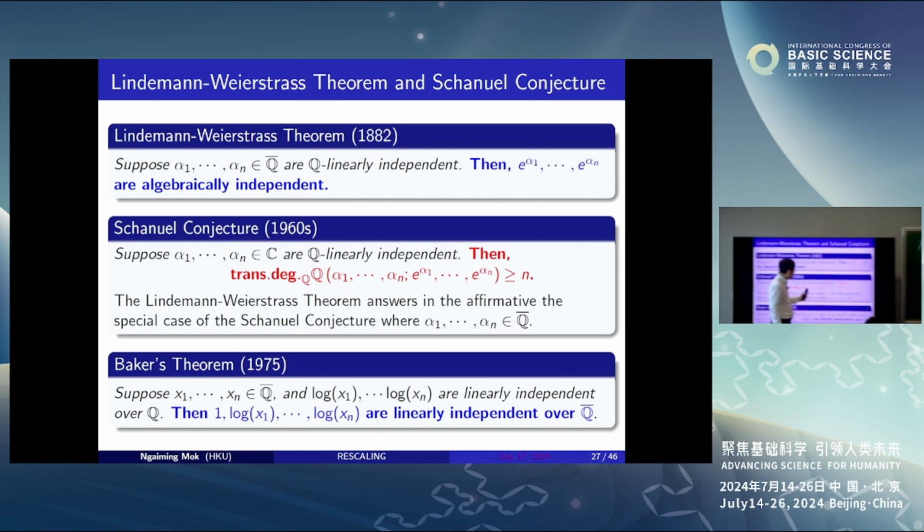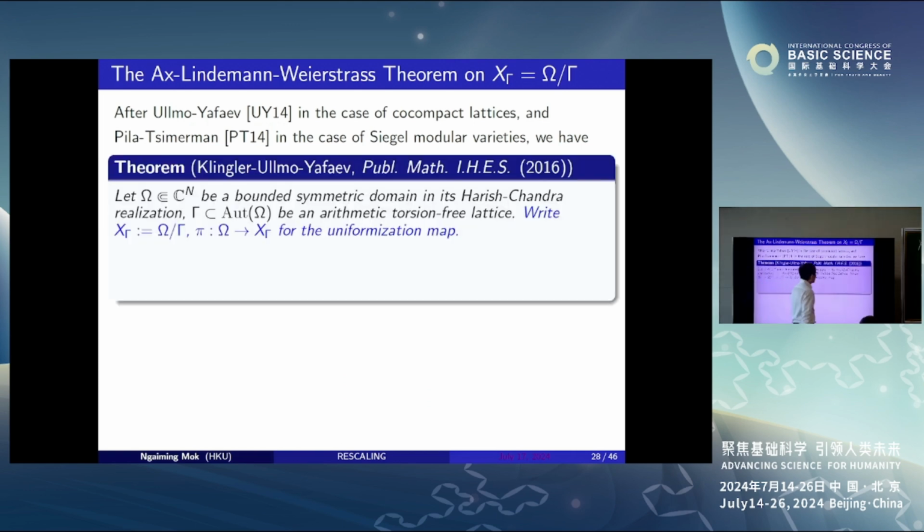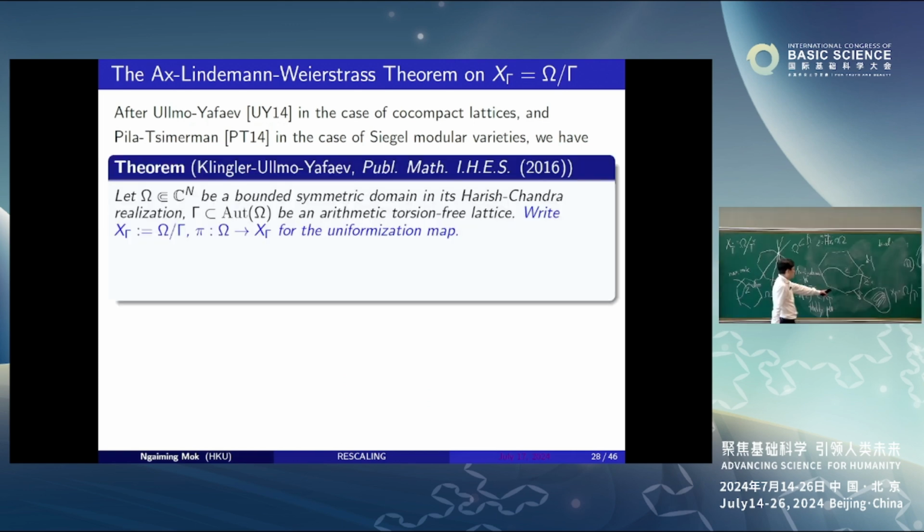If you just look at a situation where these are algebraic, this is still unknown. And even a special case of this done by Alan Baker was considered a big achievement in this direction. So the Ax-Lindemann-Weierstrass theorem is to say that this is totally geodesic. How does this relate to transcendental number theory? I will have to explain a little later.